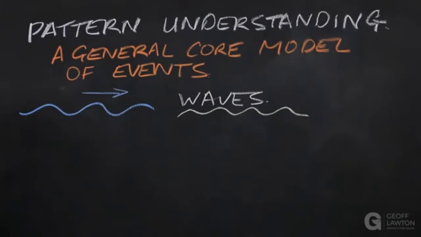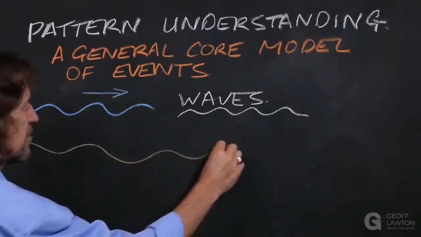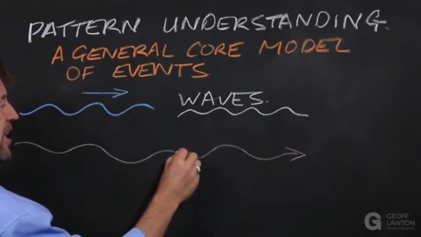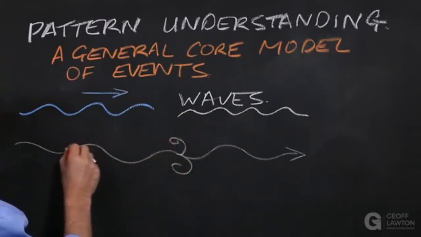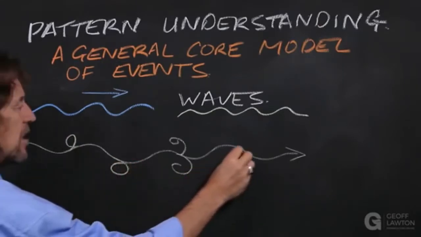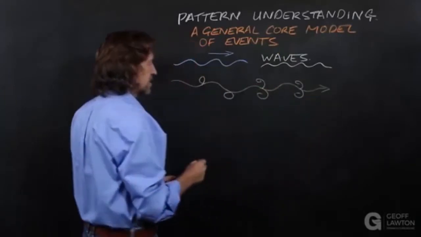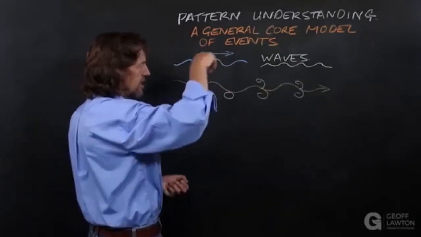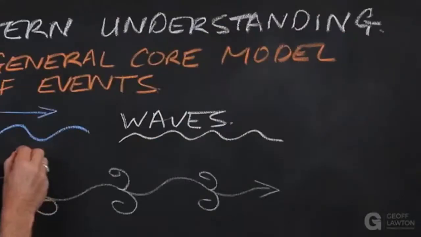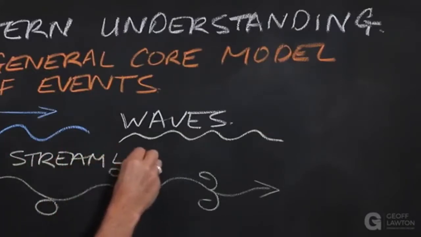Then we have streamlines. So we get flow going down a stream, and flow events, and they tend to spiral off, and they can actually loop. And they generally flow. So these are looping and the beginning of spirals, but it's the very start, these are streamlines.